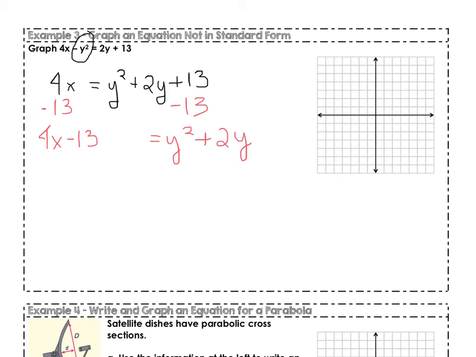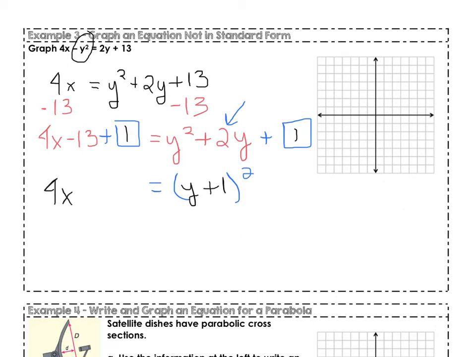Now with completing the square, we're trying to create a perfect square trinomial. So we must balance the equation and add half of my b term and then square it. So half of 2 is 1 and 1 squared is 1. Okay, so then this creates our perfect factor of y plus 1. And then over here we have 4x minus 12. Okay, now I'm going to add the 12 onto both sides.